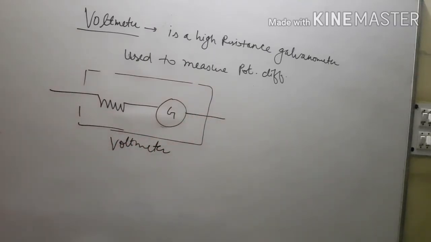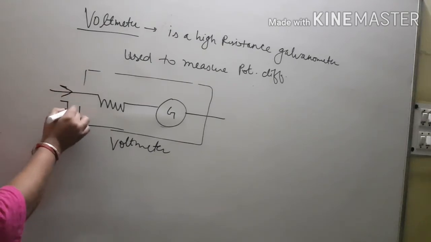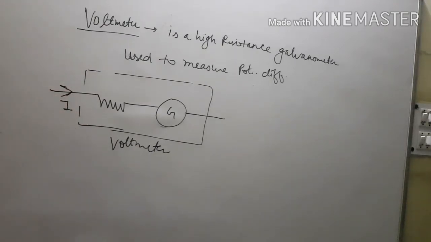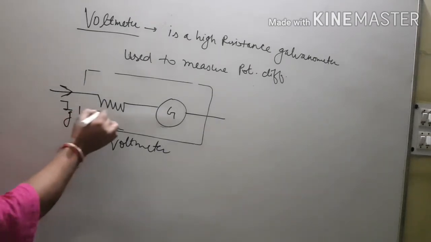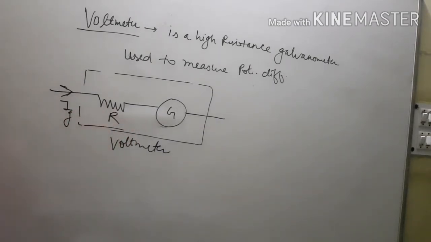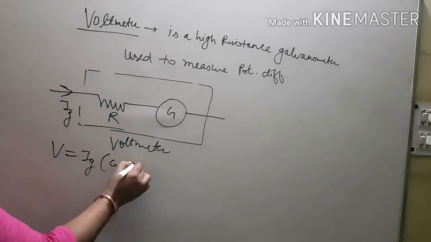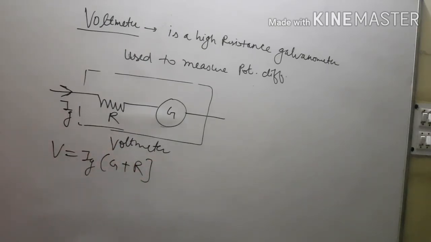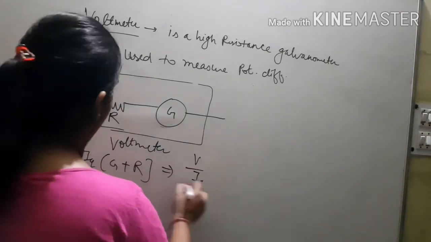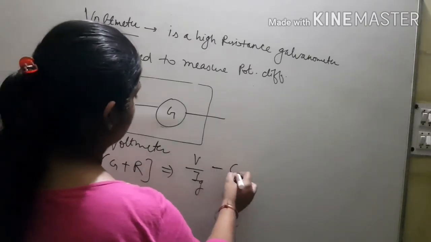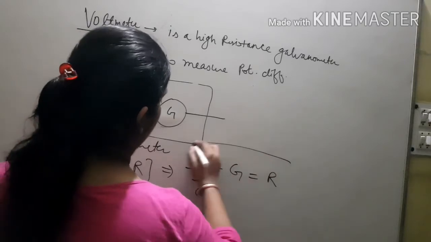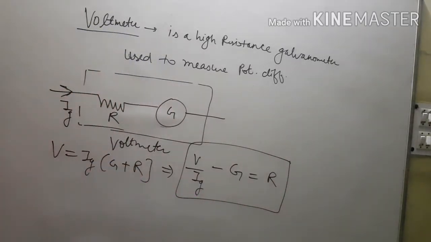Now if the total current of the circuit is I, or you can write it as Ig, V is equal to Ig into G plus R as per Ohm's law, and this R becomes V by Ig, cross multiplying it, minus G is equal to R. So this is the formula for the resistance which we will connect in series with the galvanometer.